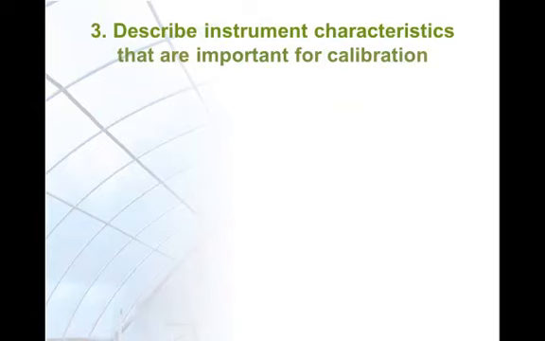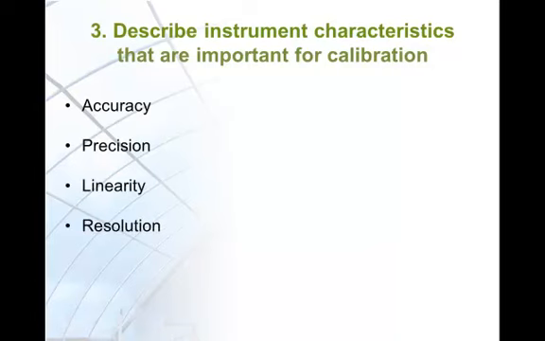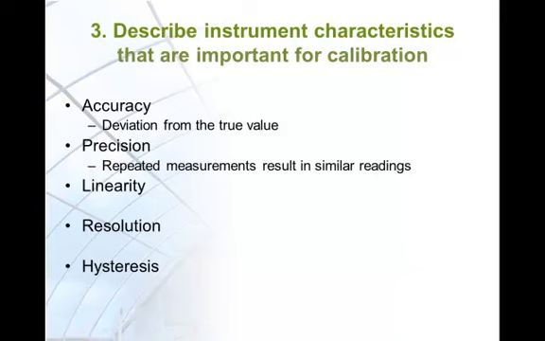Objective 3 is to describe instrument characteristics that are important for calibration. These characteristics include accuracy, precision, linearity, resolution, and hysteresis. Accuracy is the deviation from the true value. Precision is when repeated measurements result in similar readings.